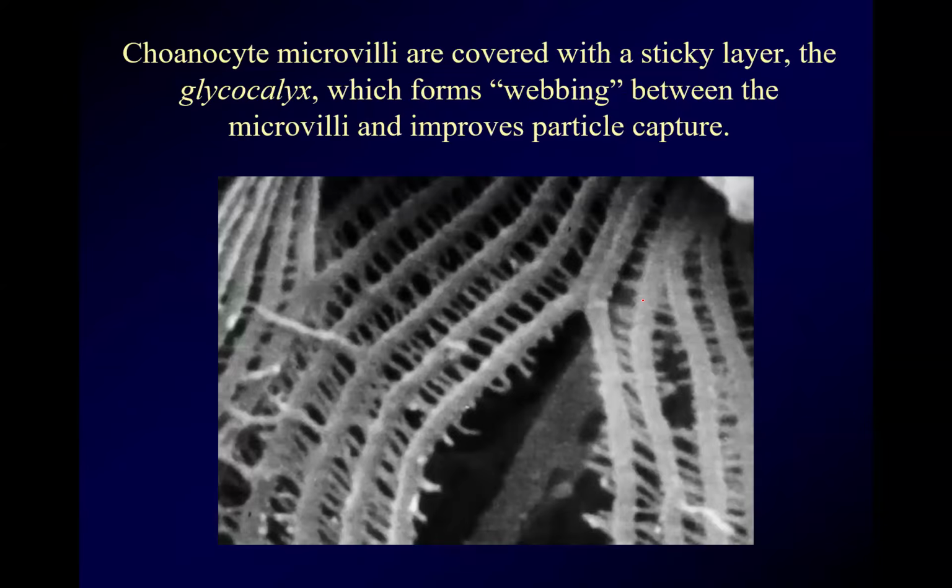And the microvilli are coated with a sticky layer of snot called the glycocalyx. The glycocalyx is what's making these little cross attachments between the microvilli. So the glycocalyx kind of webs the microvilli together, and it improves the ability to trap particles.